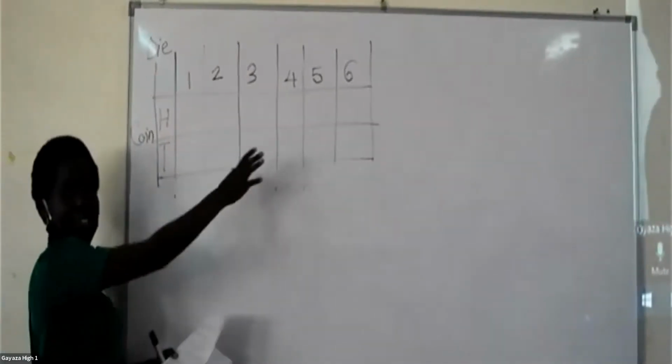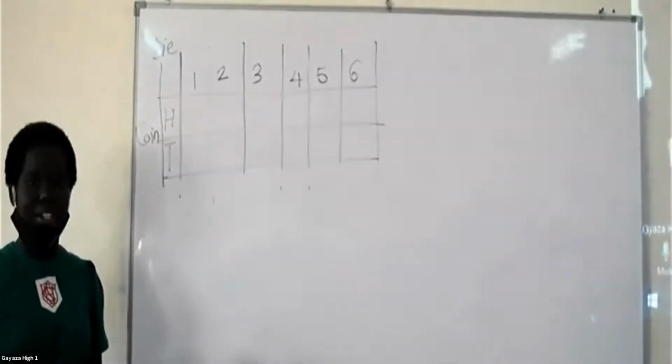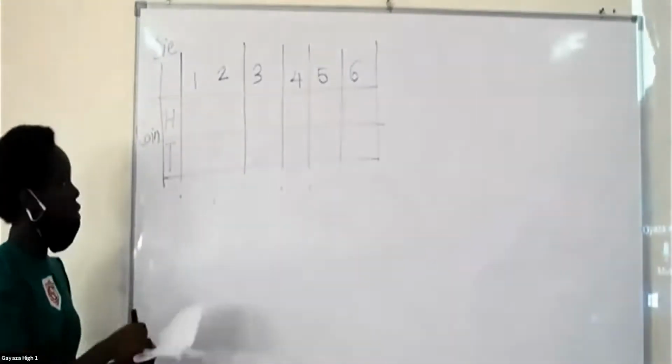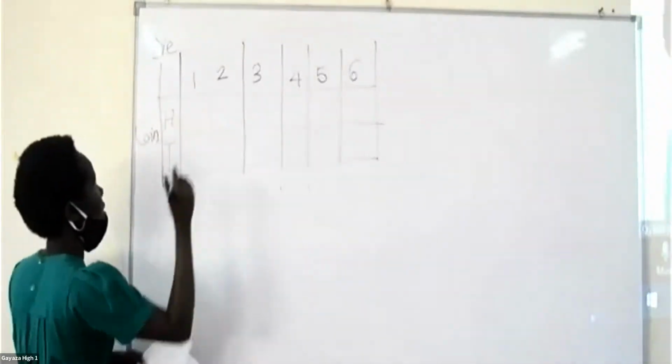In the remaining part of the table, we shall fill in all the possible outcomes between the coin and the die. Of course, we shall get these outcomes.